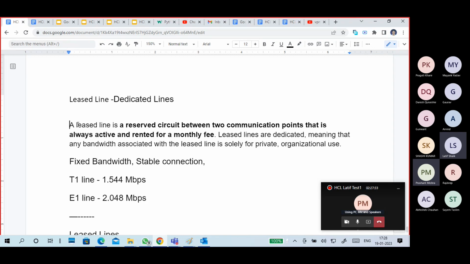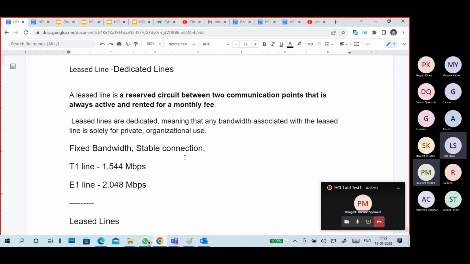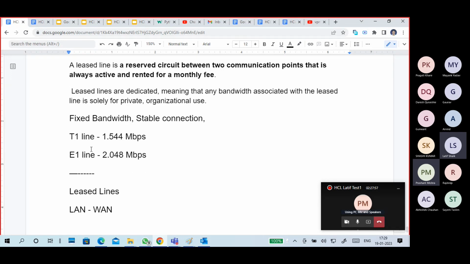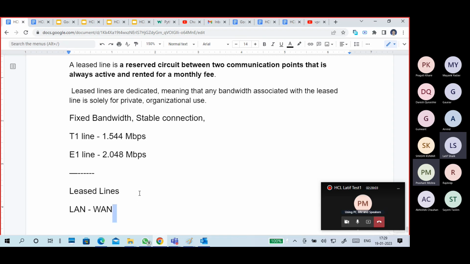So you can read: a leased line is a reserved circuit between two communication points that is always active, rented for a monthly fee. Leased lines are dedicated, meaning any bandwidth associated with the leased line is solely for private organizational use. It's a fixed bandwidth, stable connection. Different standards are there, like T1 and E1. Okay, so this is the point.